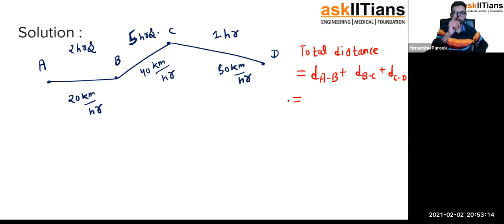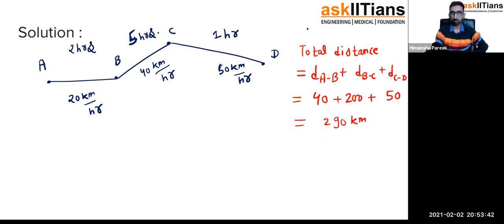In 1 hour you travel 20 kilometers, so in 2 hours you will travel 40 kilometers. B to C, 5 hours you travel, the total distance would be 200. C to D, total distance 50. It's very easy. Simply multiply the speed with the time. 240 plus 50, 290 kilometers.